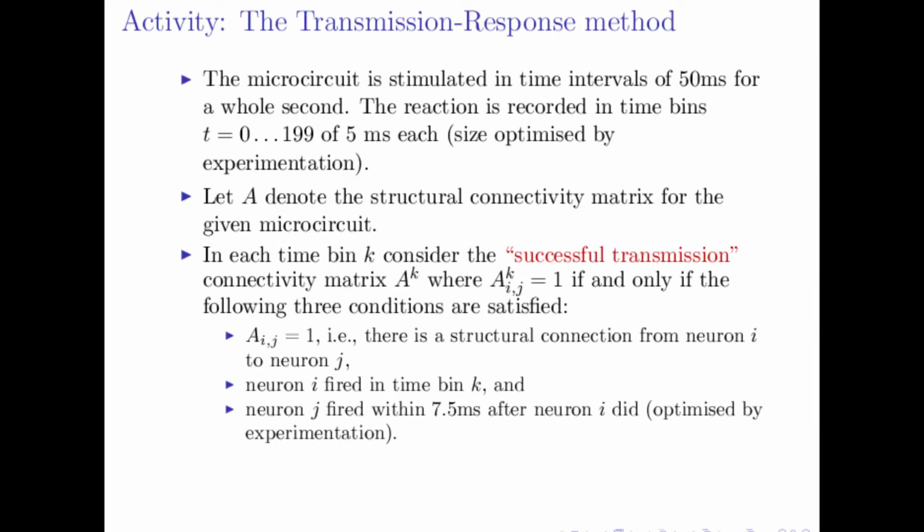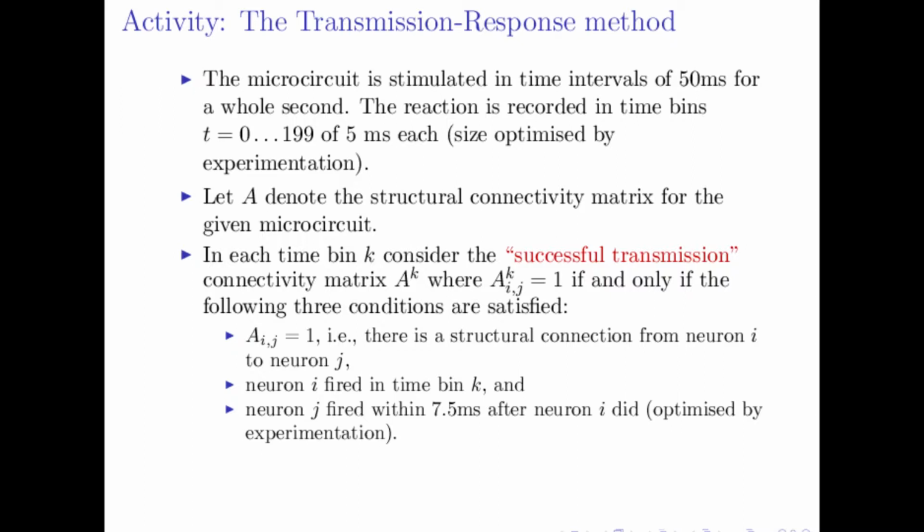Okay, so now I want to talk a little bit about activity. I told you this is not just a structural graph. We actually have a system that can be stimulated. And I'm going to talk very little about this. I'm just going to describe how we construct this time series of connectivity matrices corresponding to an active system.